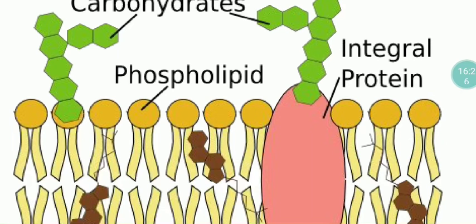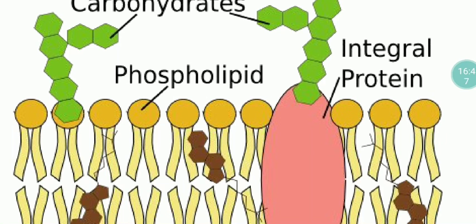If you remember the blood groups of humans, blood group A, B, AB, O, what is blood group A? Antigen A, antibody, antigen B, they are nothing but glycoproteins, a carbohydrate attached to a protein.